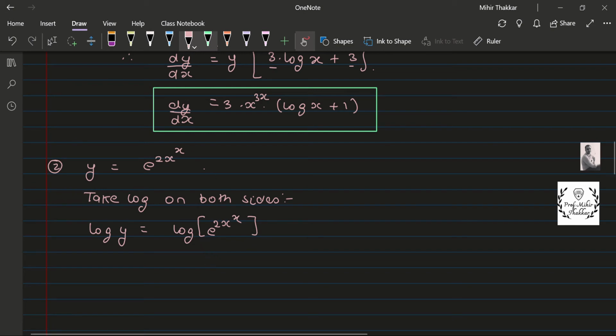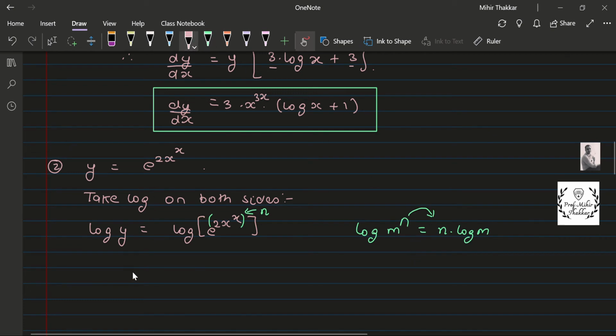So this entire element is taken as one term and e over there is kept as a separate term, so that I have a property: log of m raised to n can be written as n into log of m. So this entire element can be assumed as n. So this n gets multiplied behind the logarithm.